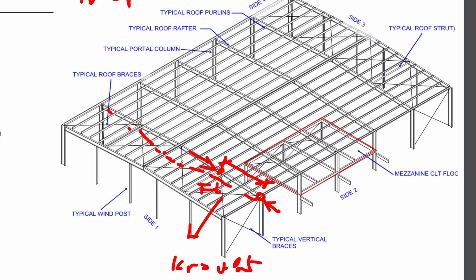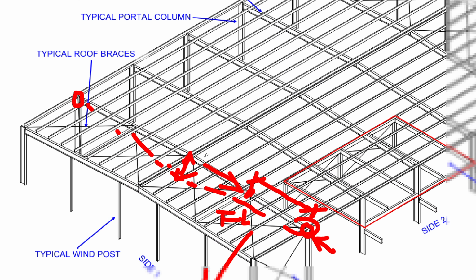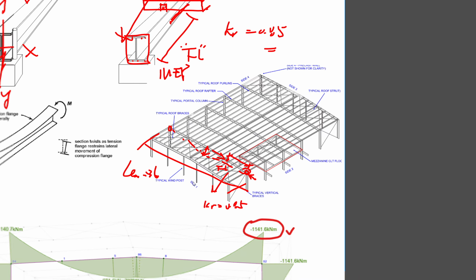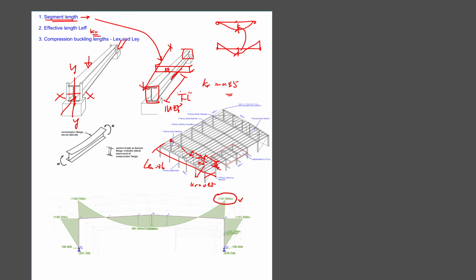The largest sagging would be in the middle here. So what's stopping my beam from sagging along the entire portion? There's nothing. It only has the column and the restraints. That's the only restraint to my beam in terms of bending in the major axis. So in this case, my LEX is the full length of the rafter span, 36 meters or 38 meters, whatever you specified. So that's the LEX.